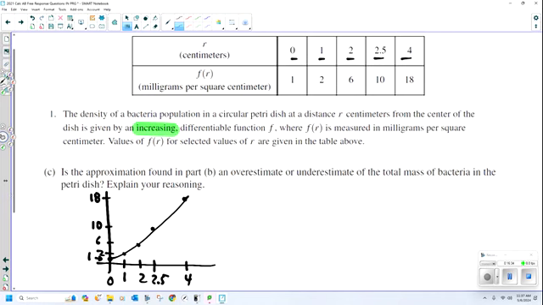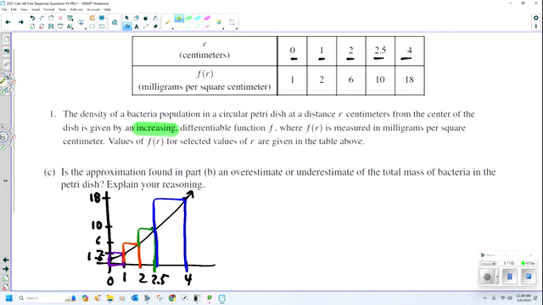Now, we use the right Riemann sum. So when I draw these rectangles, from 0 to 1, the right corner is going to touch, and it's going to go over. Then at 2, the right corner is going to touch, it's going to go over. I hope you can start to see this right now. At 2.5, the right corner, and at 4, the right corner. I only want the area under the curve.